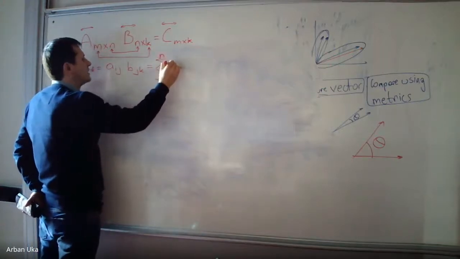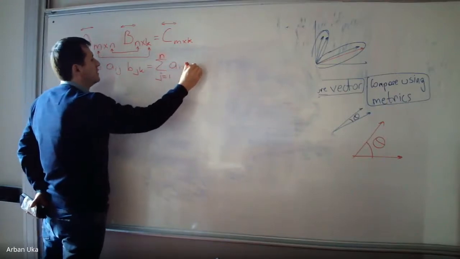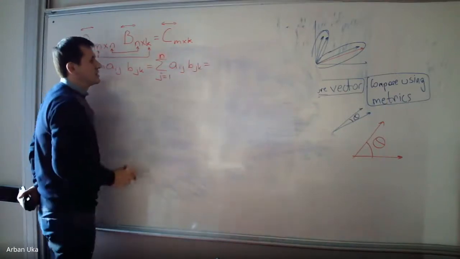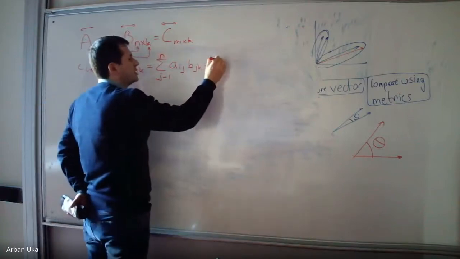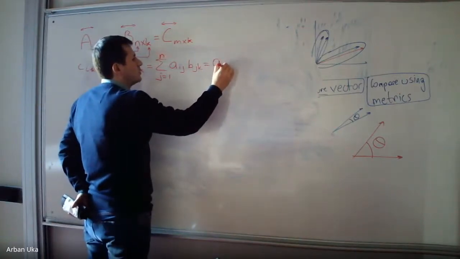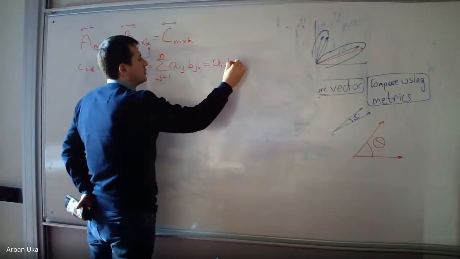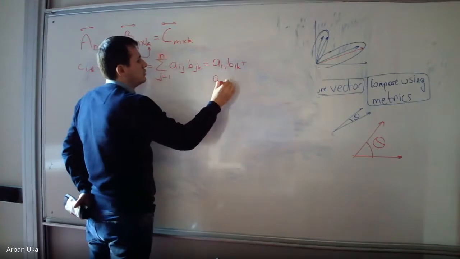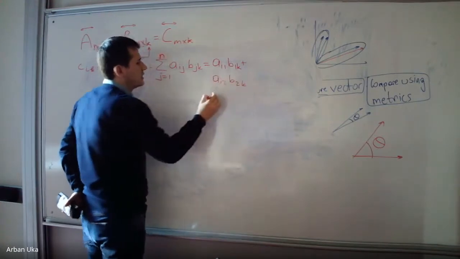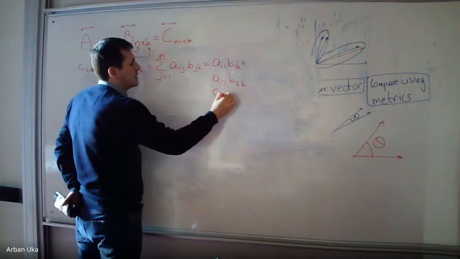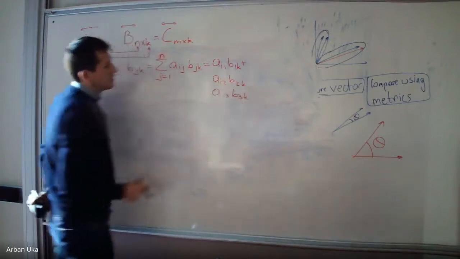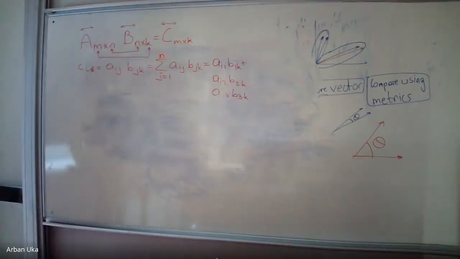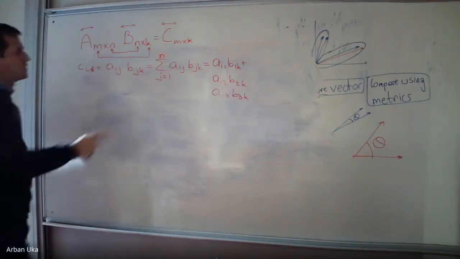This is Aij times Bjk, which means this is Ai1 times B1k plus Ai2 times B2k plus Ai3 times B3k. So I think it's obvious that we are just changing the value of j, but keeping the other two elements equal.